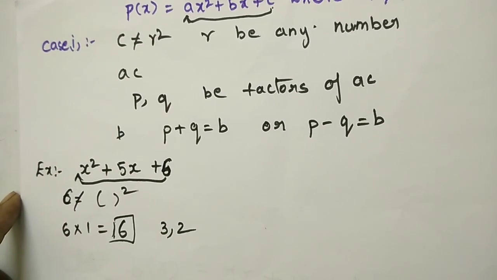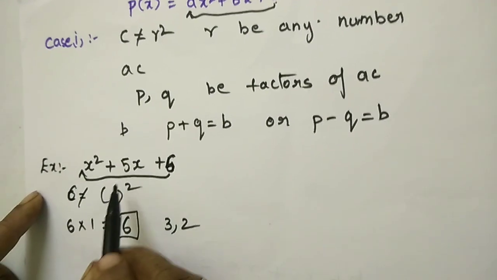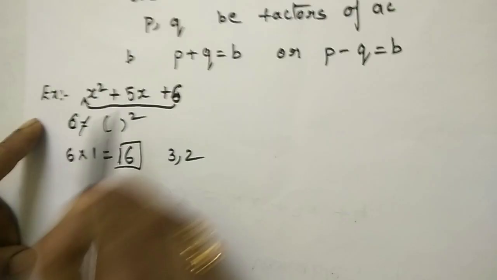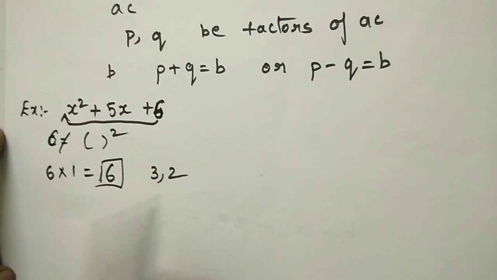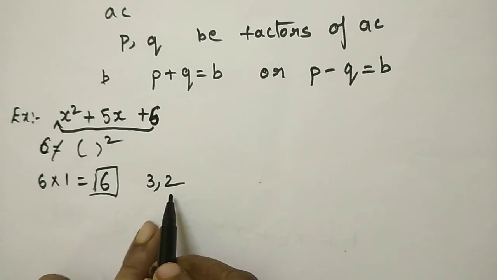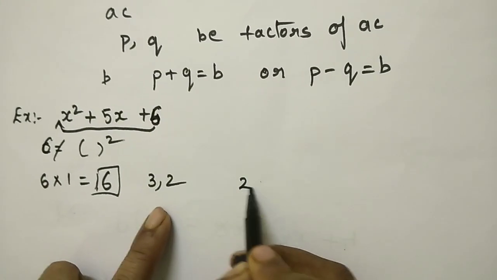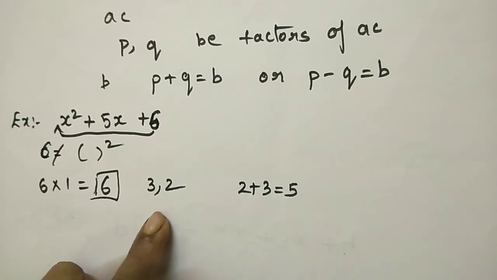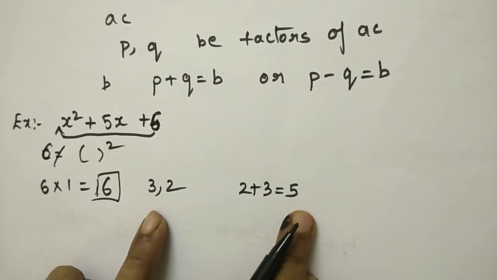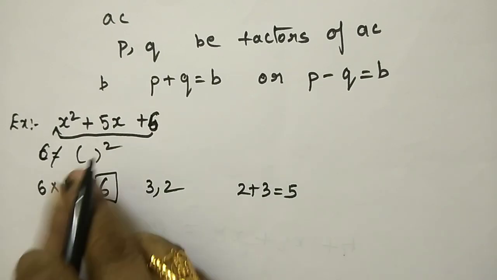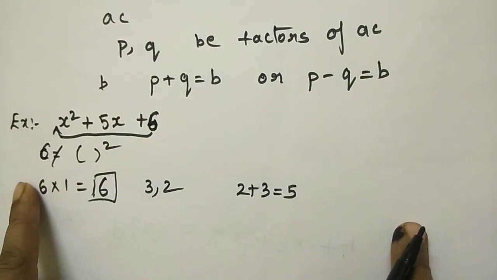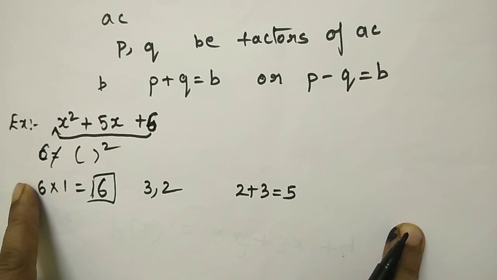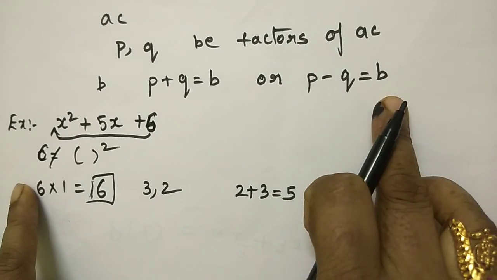Is it not? Now we have to split the middle term 5 using these factors. Check whether by writing 2 plus 3 we will get 5 or not. We will get 5. If we won't get the value of the middle term, then we have to go to the p minus q equal to b condition.